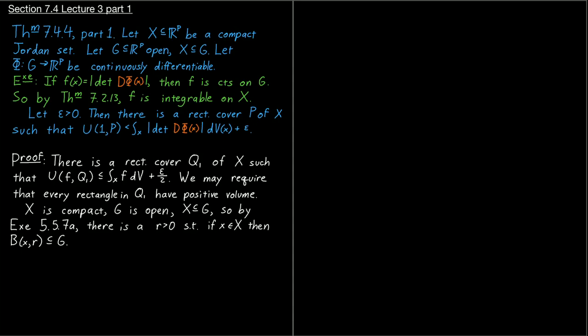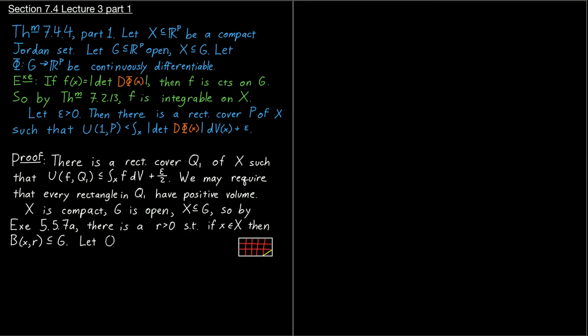And then Q1 is a cover of X. So that means it's a bunch of rectangles. If you've got a rectangle, you can refine it into finitely many smaller rectangles whose diameter is as small as you want. You just cut it up as finely as you need to, and then the biggest diameter, that's the biggest diagonal, you can make it as small as you want.